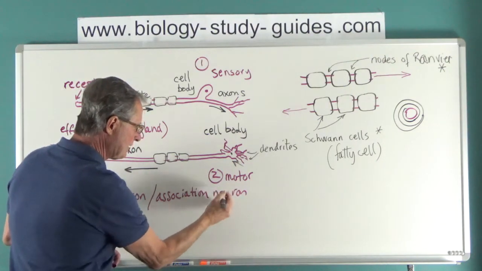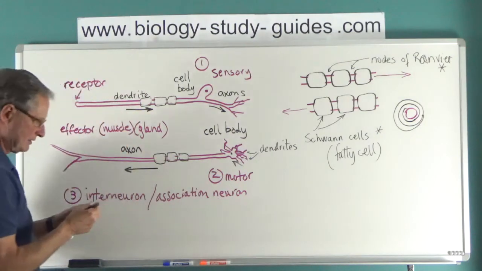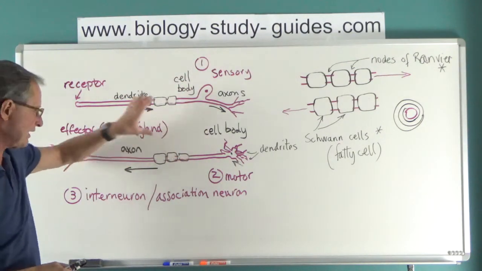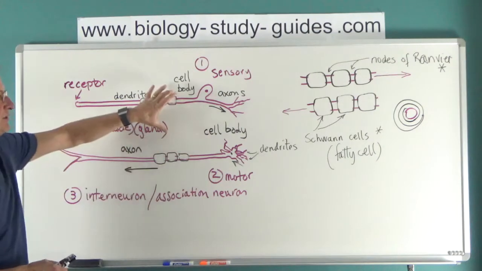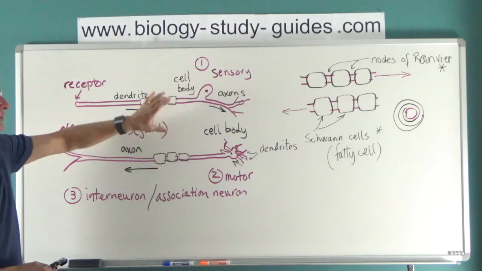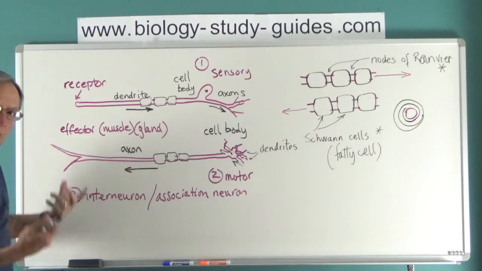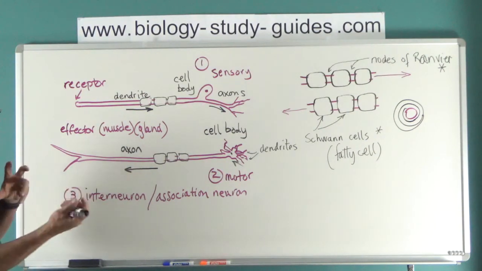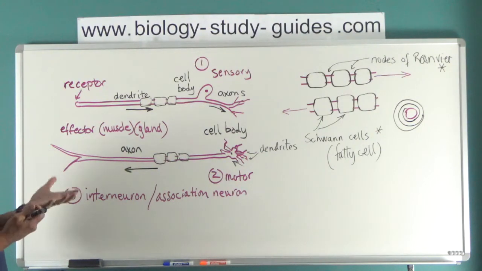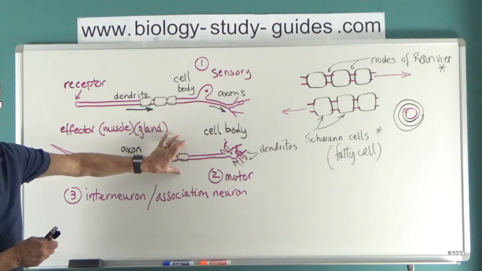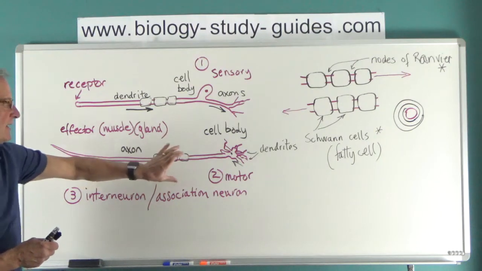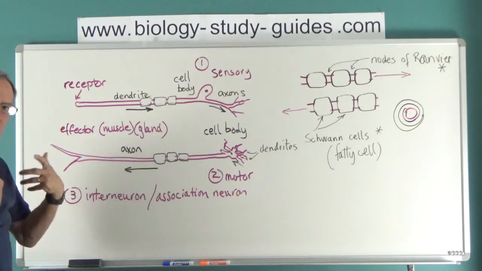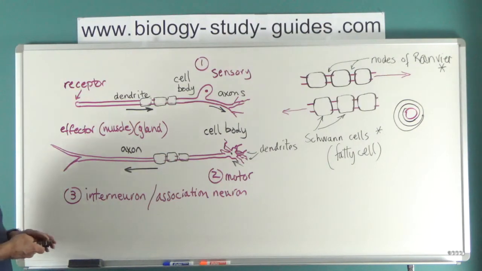And these ones interconnect these other kinds of neurons. So they make associations between sensory and motor neurons, or between motor neurons and motor neurons, as you might find out here coming up. So interneurons are in between. In terms of their appearance, they look more like this, except they may or may not have long axons. It depends on their specific location in the body.